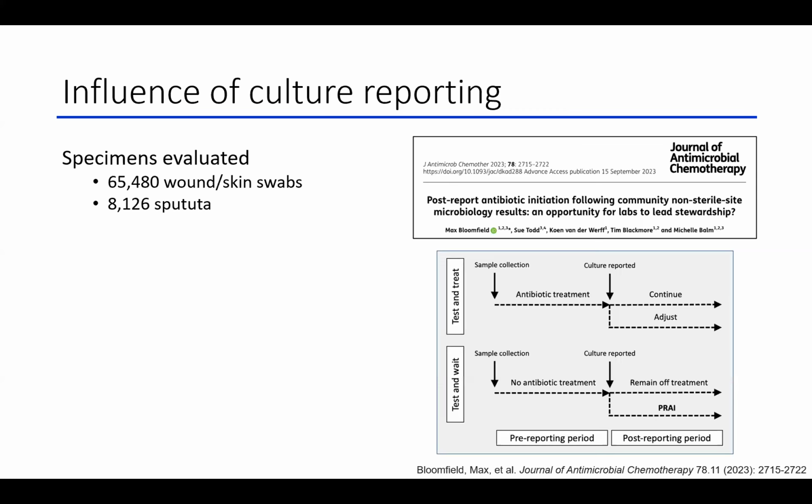But what I'm going to talk about more is test and wait, this bottom portion. That's when they collected the sample, didn't start antibiotics, the culture was reported, and then at that point either the patient remained off treatment or PRAI, which stands for post-report antibiotic initiation. So basically, they got the culture, and they either stayed off antibiotics or were prescribed antibiotics.